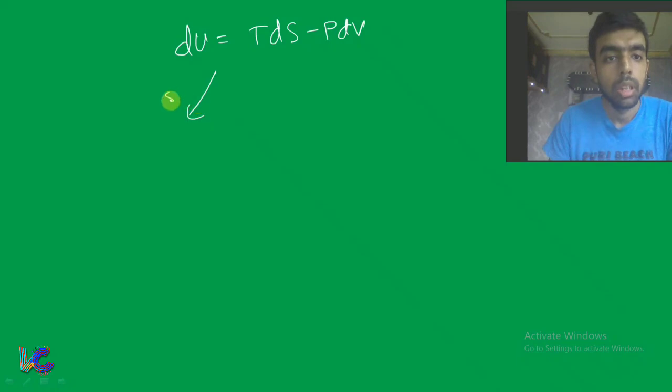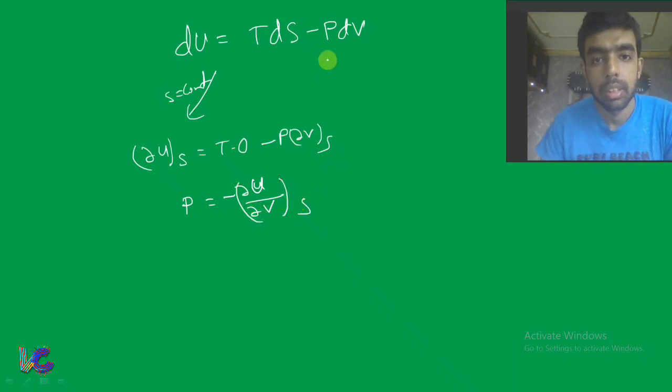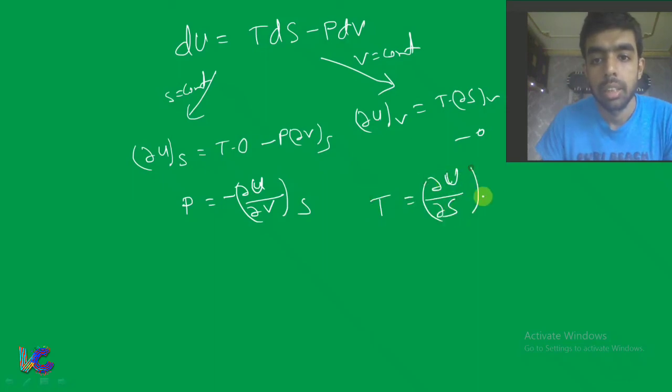Now if you put S equal to constant, you get del U at constant S equals minus P into del V at S. So P value you get minus del U del V at constant S. From here also, if you put V equal to constant, then you get del U at constant V equal to T into del S at constant V minus 0. So T becomes del U del S at constant V.